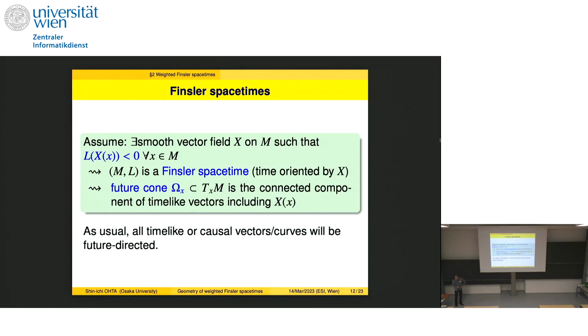Okay, then similarly, to make it a spacetime, we need a time orientation. It's just as usual: we assume that there's a smooth vector field which is always timelike. Then we call this Lorentz-Finsler structure, time-oriented by this kind of tangent vector field, a Finsler spacetime.